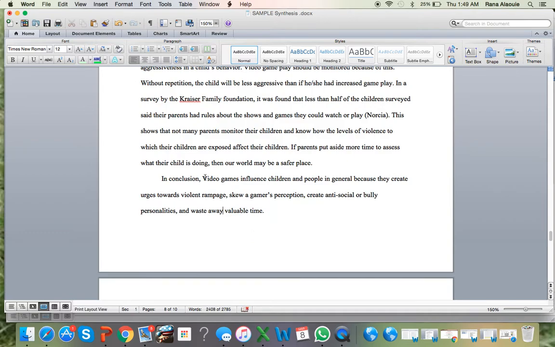All right. So, in conclusion, video games influence children and people in general because they create urges towards violent rampage, skew a gamer's perception, create antisocial or bully personalities, and waste valuable time. I would also change this beginning part because that's verbatim to what was in the beginning of the essay.